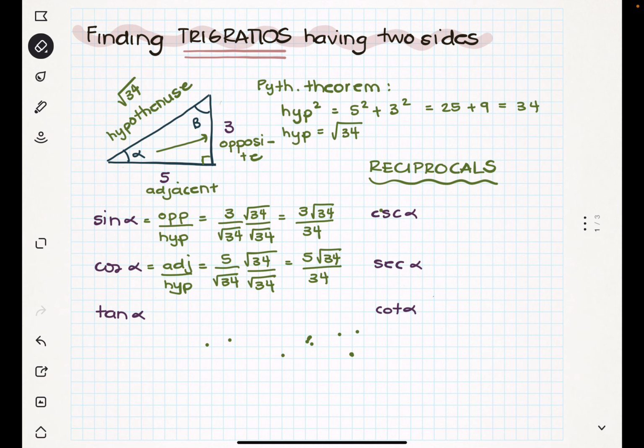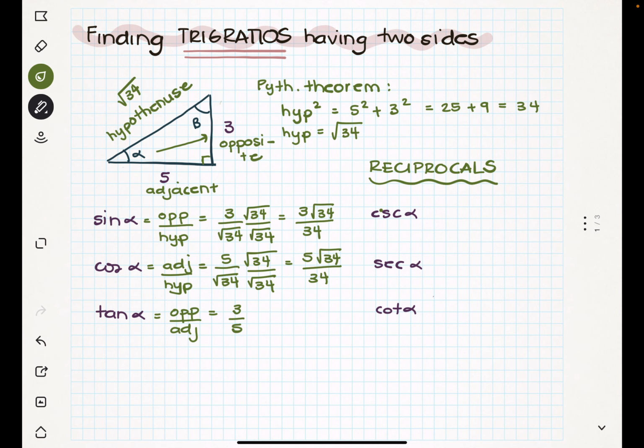So now I already have those two ratios. Now for the tangent, it is defined as opposite over adjacent. So in this case, my opposite is 3 and my adjacent is 5. So I didn't have to do any rationalizing because I don't have square roots.